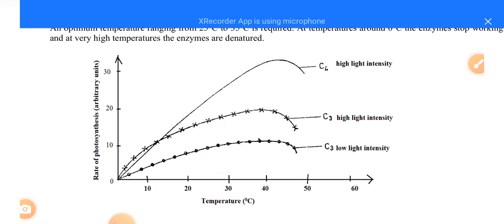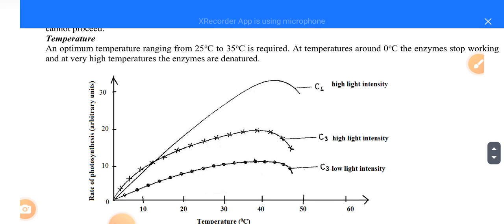Another observation is that at about 45 degrees Celsius, the rate of photosynthesis decreases. At above 45 degrees Celsius, the rate of photosynthesis decreases.